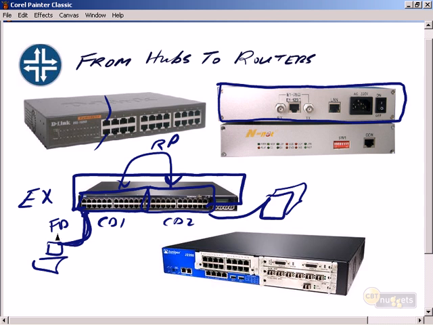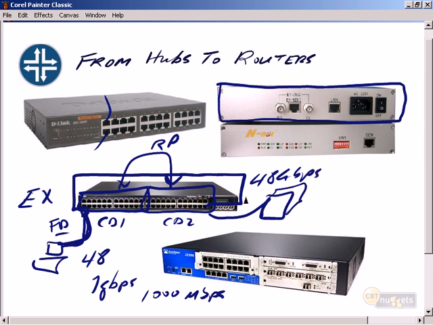Well, down here we have full duplex, which means on this wire going to this port, we can have two-way communication simultaneously. So if you have 48 ports, which we have here, that are all in full duplex, and each one of these ports supports 1 gigabit per second speed, which is 1,000 megabits per second, well, then the aggregate throughput of this one single device here is 48 gigabits per second.